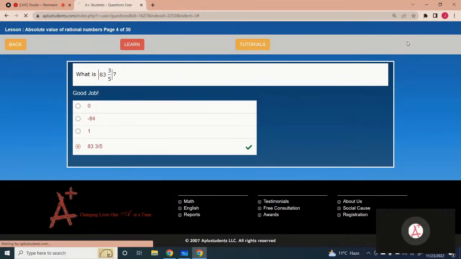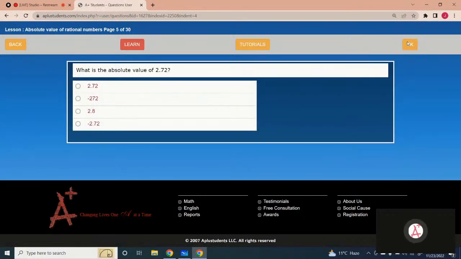Okay, the next one is, what is the absolute value of 2.72? The absolute value of 2.72 is exactly the same number. Got it?